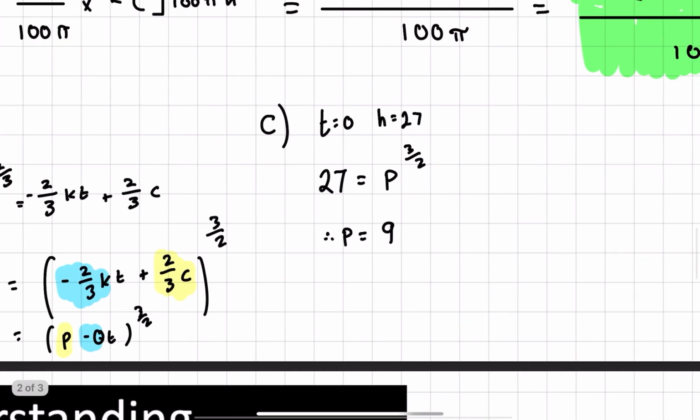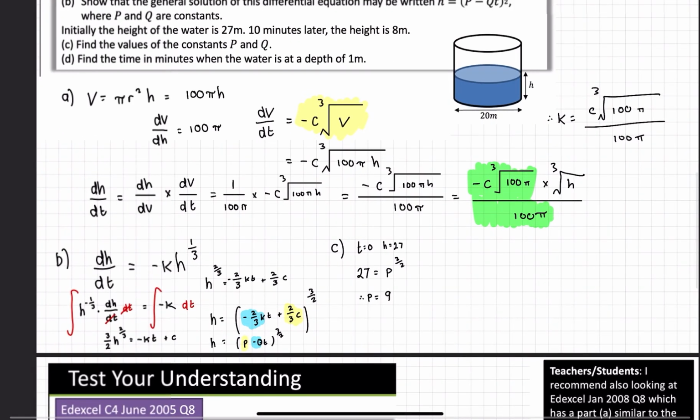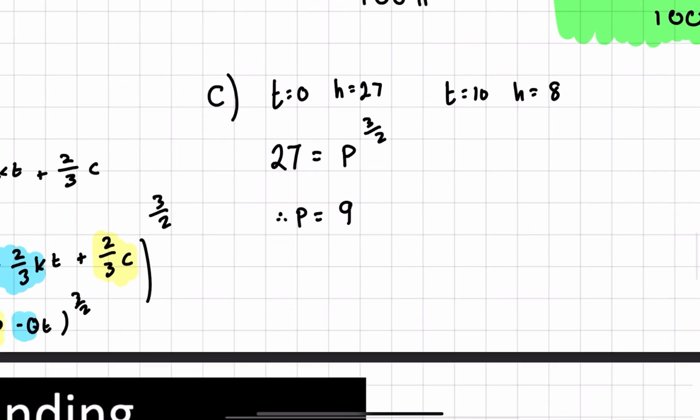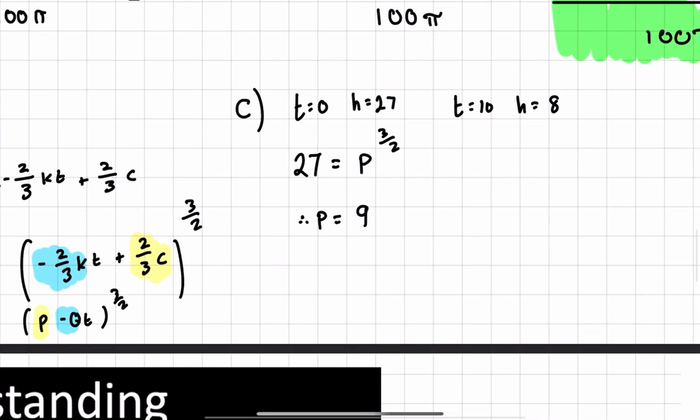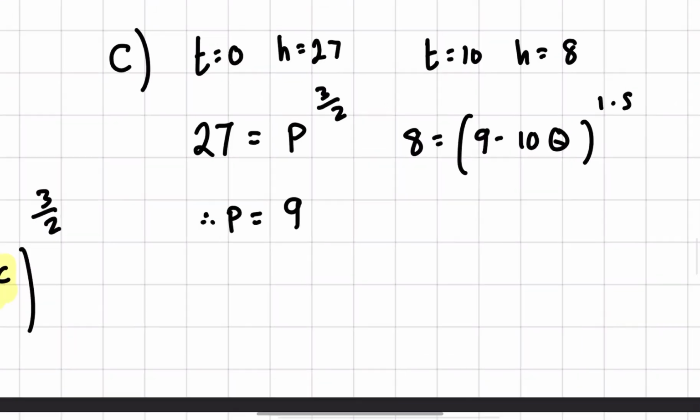Fantastic. We are also told in the question, 10 minutes later, height is 8. Okay. So when t is 10, height is 8. So using that same formula, we've got the height is 8. 8 equals p, which we find out to be 9, minus time is 10q, to the power 1.5 there.